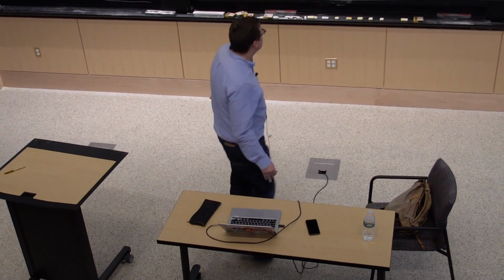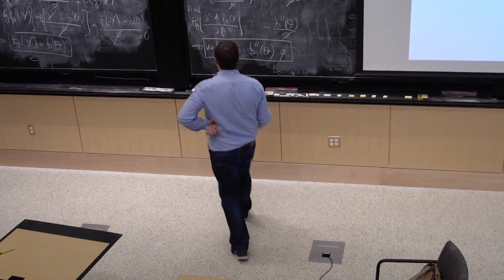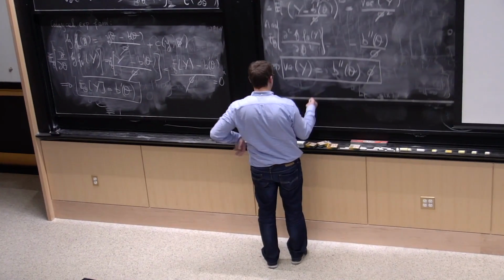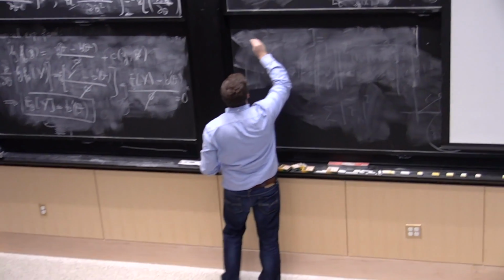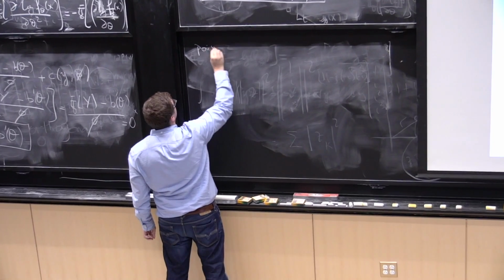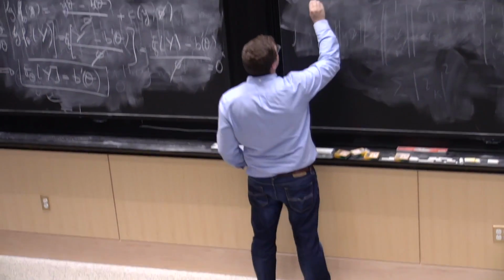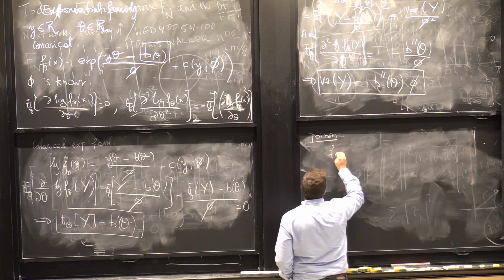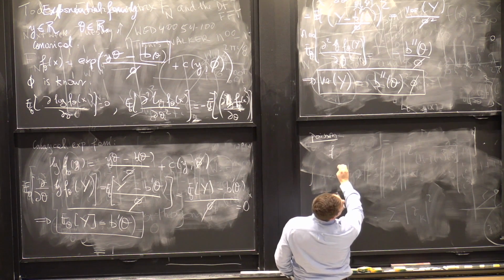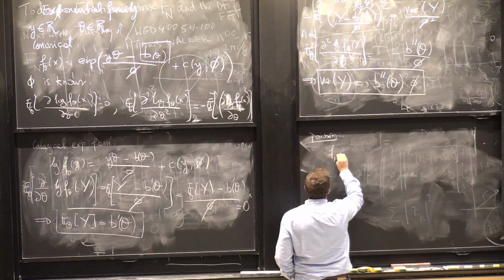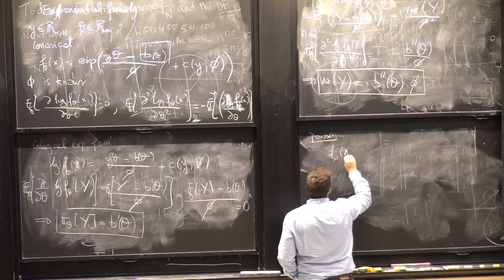So let's go to a Poisson, for example. If I had a Poisson distribution, this is a discrete distribution. Let me call mu the parameter of y.